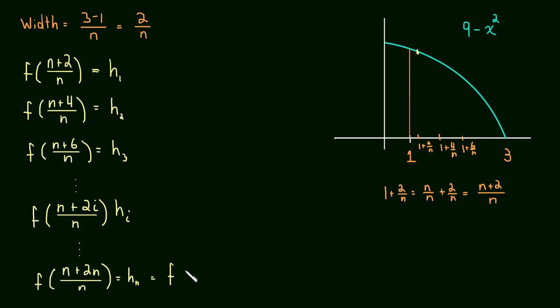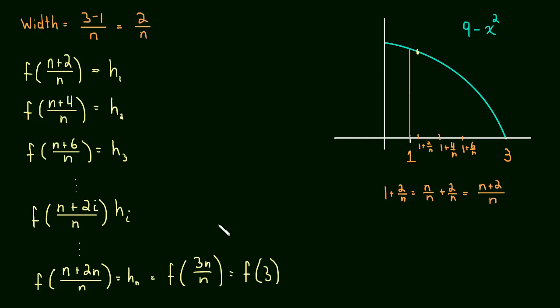Well, n plus 2n is 3n, so this is 3n over n. The n's cancel and we just get f of 3. Well, 3 is our last x value. So this formula jives with what we know, which is that this is the pattern which gives us the height of any rectangle.